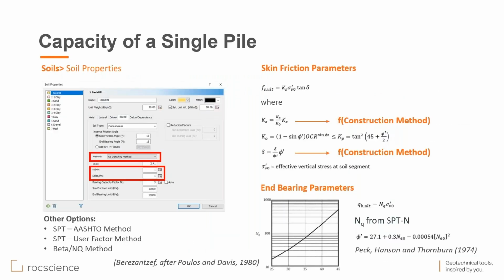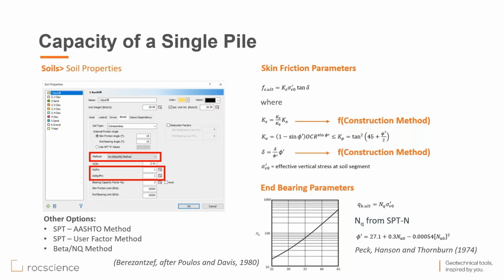For the soil properties, mostly we have used some parameters from the ammonia tank problem. For cohesionless soils, to determine the capacity, we have used the Ks delta method. However, there are a variety of options you can use, such as the SPT Ashton method, user factor method, or the beta method.